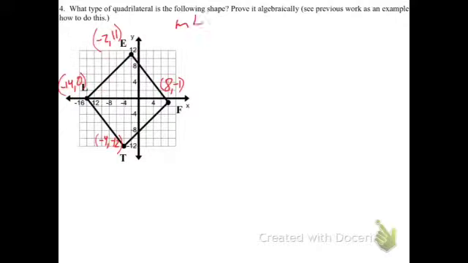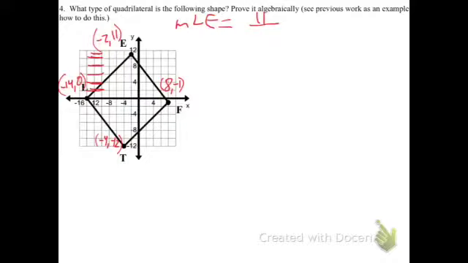So slope of LE. I'm going to count. Something to notice really quick: on all of this, it's counting by 2s, not by 1s. So if I am going up a tick mark, that's an extra 2. And so I got 2, 4, 6, 8, 10, 11. So this goes up 11.